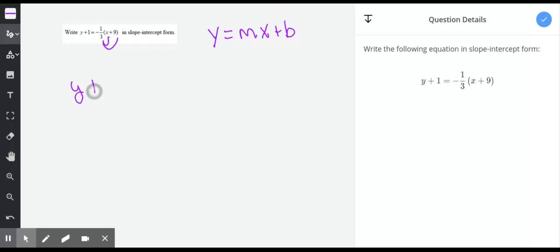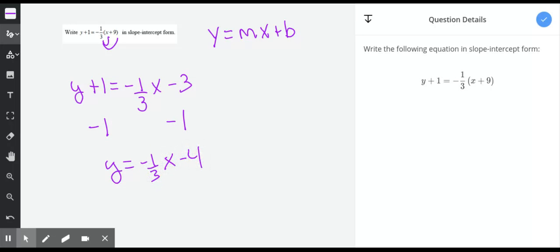That gives me y plus 1 equals negative 1/3 x minus 3, because negative 1/3 times 9 is minus 3. I then subtract 1 from each side, and I get y equals negative 1/3 x minus 4. And that is the answer to question number 8.